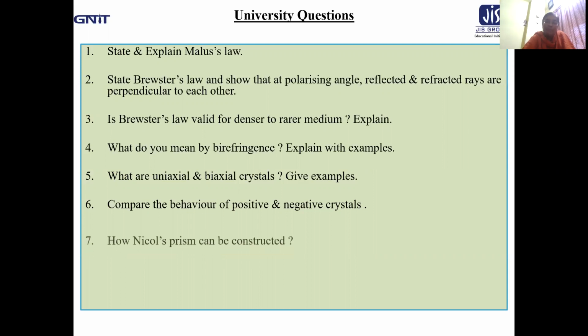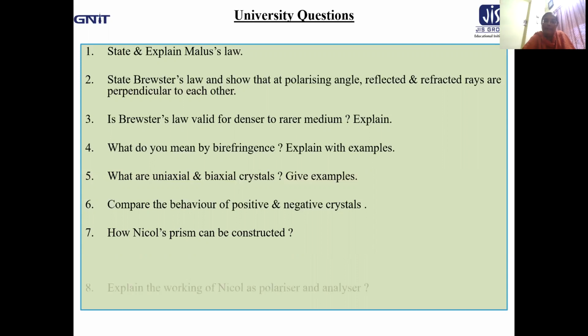Next one: how can a Nicol prism be constructed? In very detail, in different steps, we discussed it a few minutes back, so all of you can answer it very easily. Explain the working of Nicol as polarizer and analyzer. It can be given in two parts: explain the working of Nicol as polarizer, or as analyzer, as well as both.